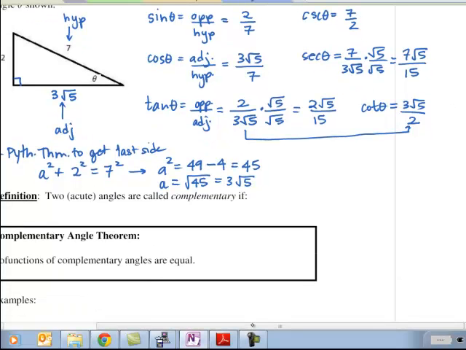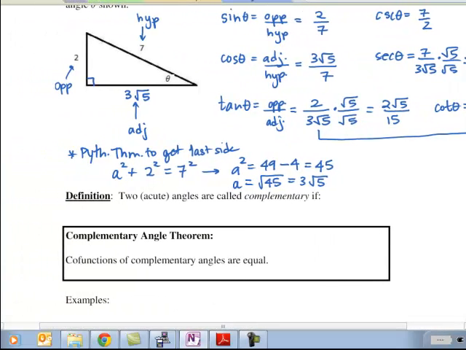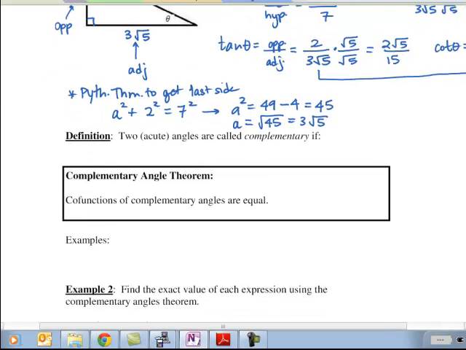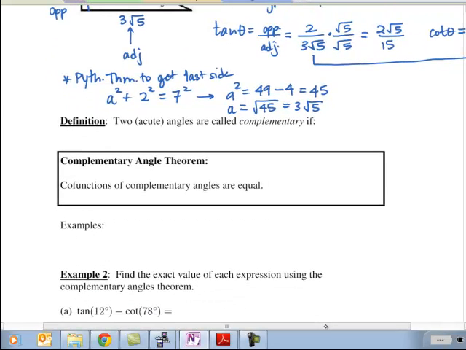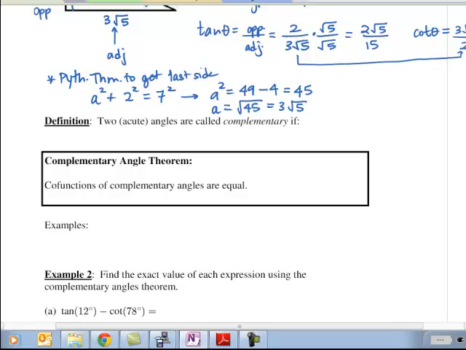The next thing we need to do is talk about what are called complementary angles. And that's just a definition you may or may not remember from geometry. Two angles are called complementary if their sum is 90 degrees or pi over 2 radians.